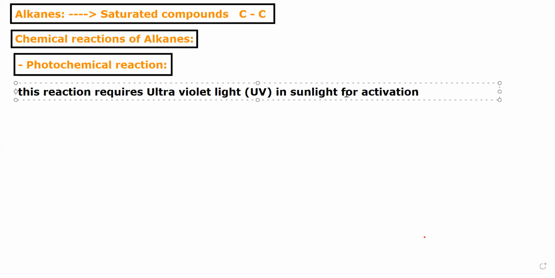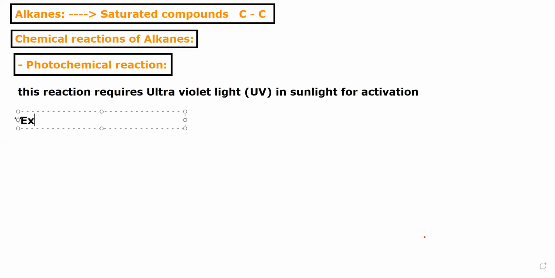Okay, so now let's go for the example of how it is done. Since we are talking about alkanes, let's take the first example of an alkane. First example of alkane that we have is what? We have methane.